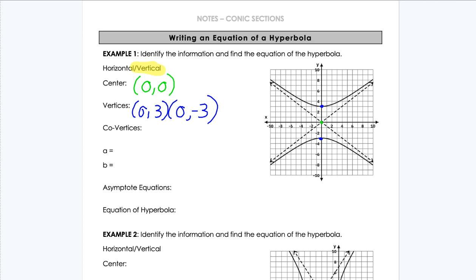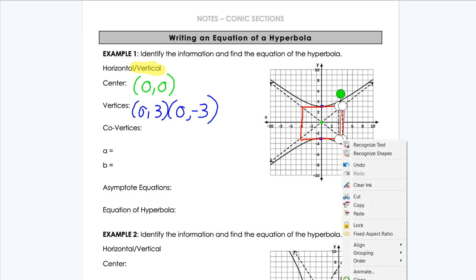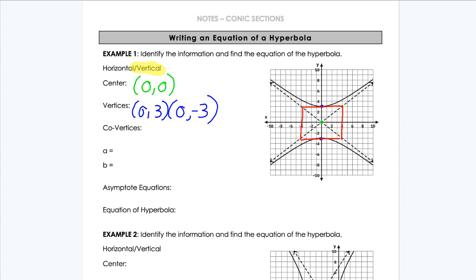What I do is, from those vertices, I draw a straight horizontal line through that vertex that connects the two asymptotes. I do that same thing on the bottom. And what I can do then is create that rectangle shape, and that allows me to figure out where my co-vertices are.